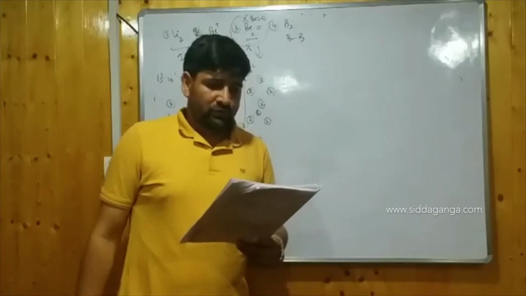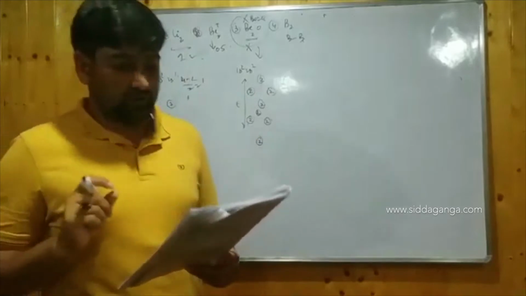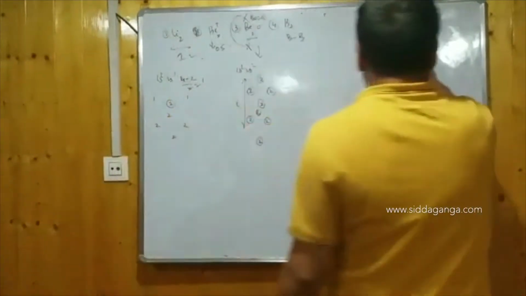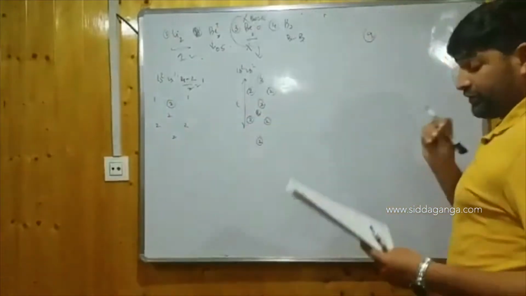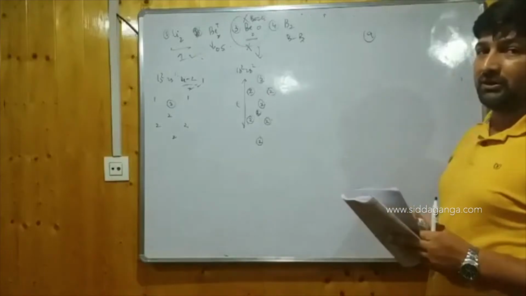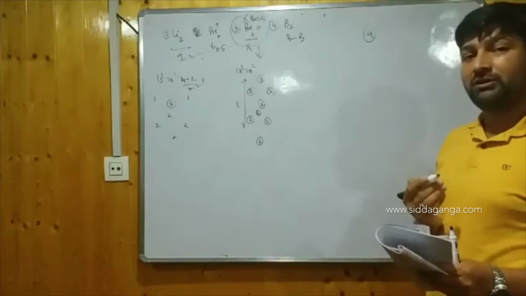Which of the following molecules stabilizes by removal of electron? Very simple. If it is stabilizing by removal of electron, that means it should be removed from antibonding.